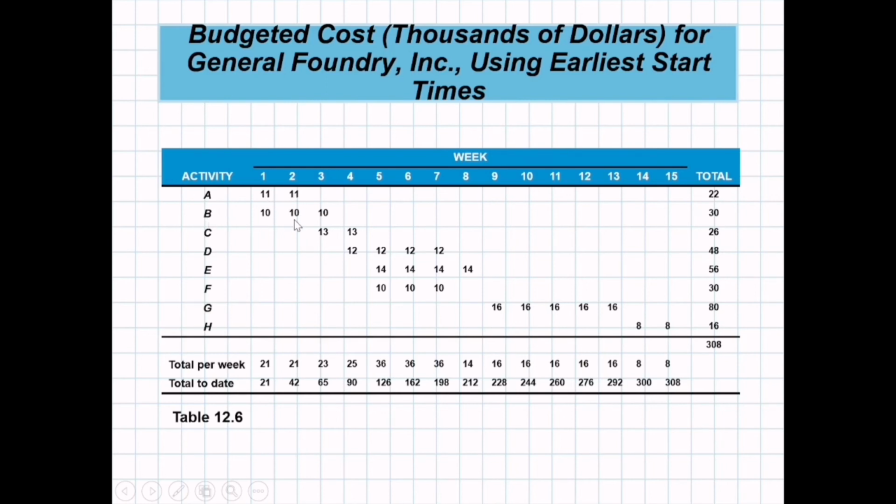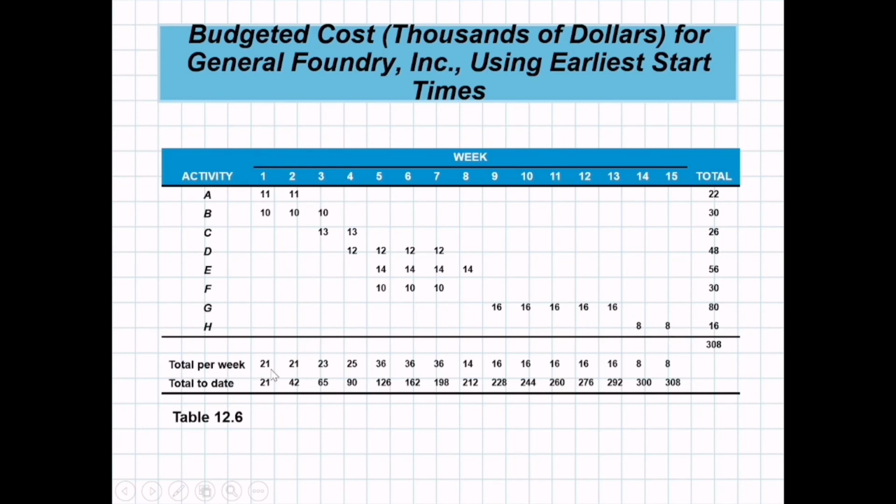We say that activity B can be accomplished in 3 weeks and our budget is $30,000. So we divide 30,000 by 3. We distribute 10 in the first week, 10 in the second week, and 10 in the third week. The same with activity H. Our budget is $16,000. We have 2 weeks to complete activity H. So $16,000 divided by 2, each week we have $2,000.